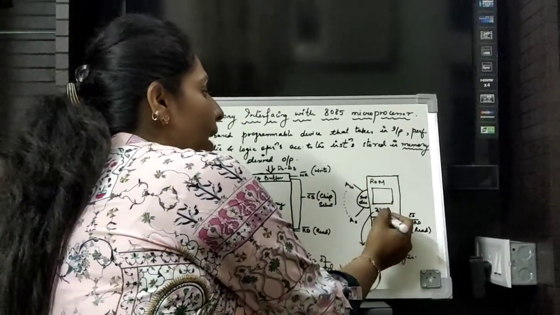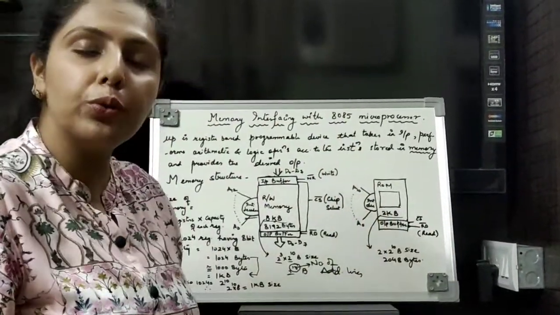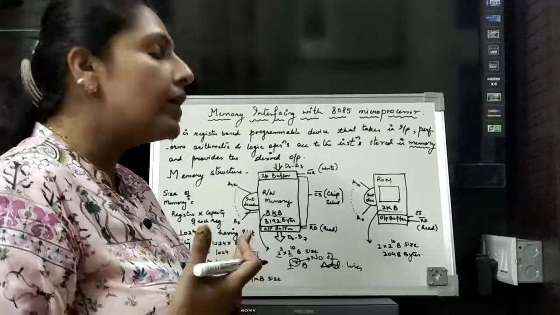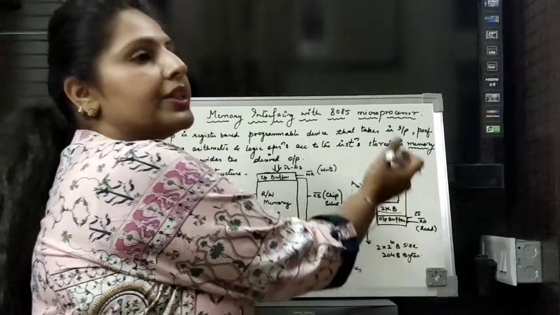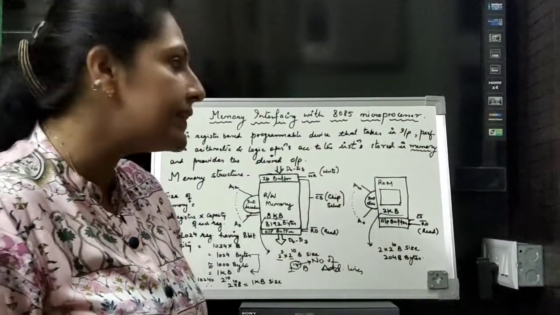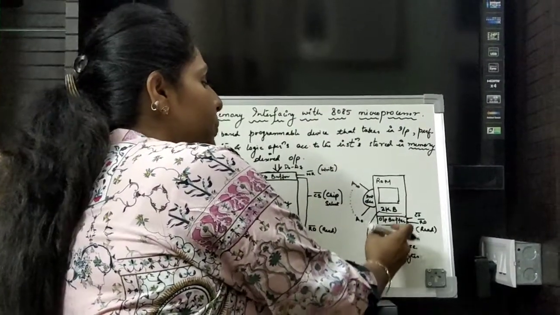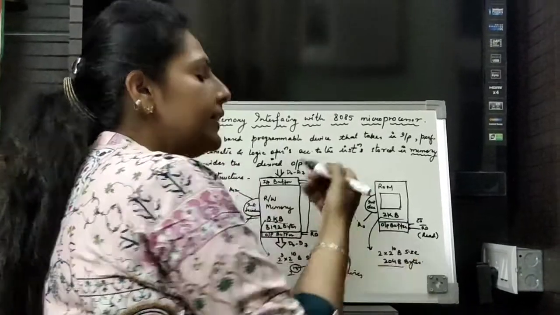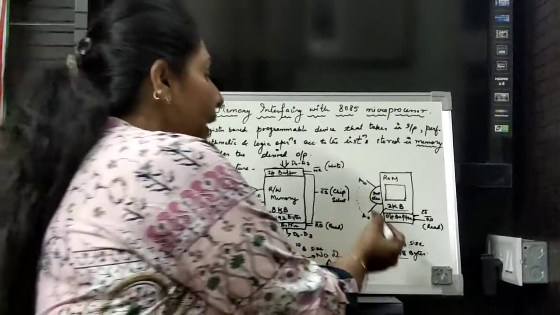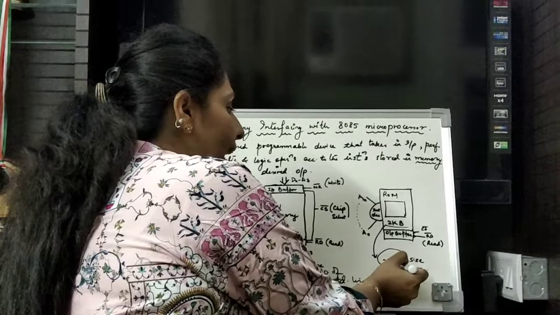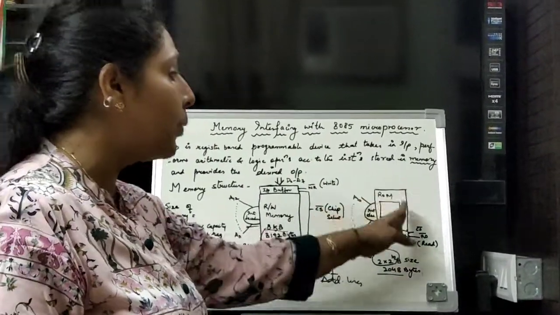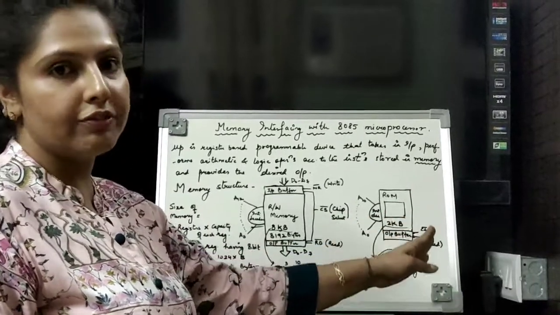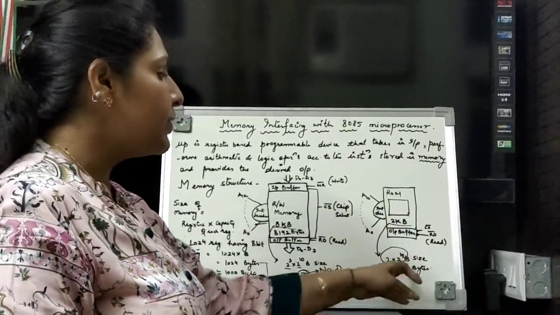Same as before, I have taken here an example of 2 KB. What does 2 KB mean? 2 KB means 2 multiplied by 2 raised to power 10 bytes, which is basically 2048 bytes. Now from here we will calculate the number of address lines used to decode the different addresses of the 2048 registers.